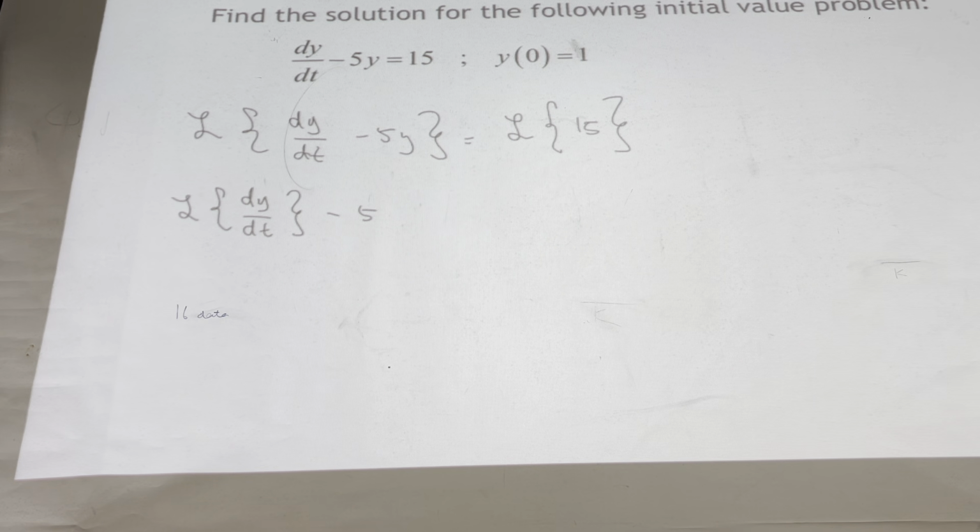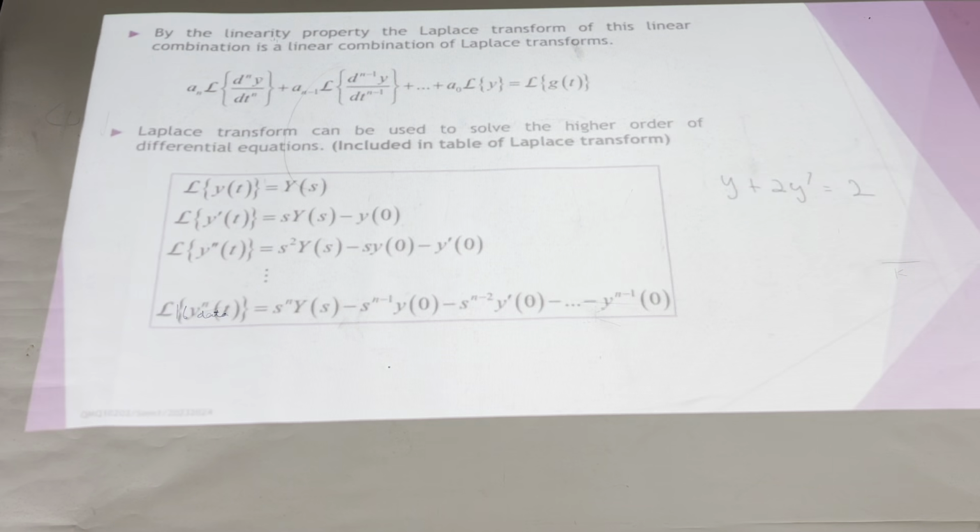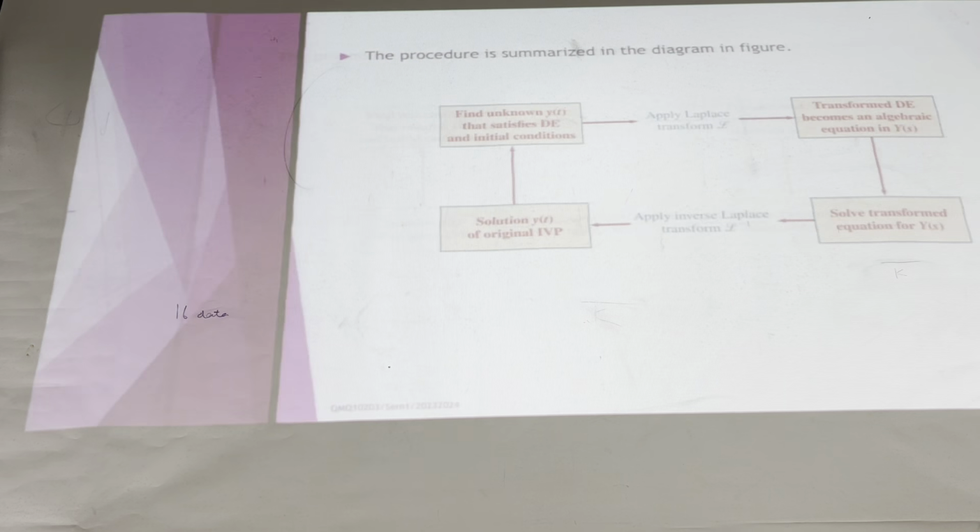So what is the transformation of dy/dt? By referring to the formula, look back in the formula. So dy/dt, this one, y prime is dy/dt. So this is sY(s) minus y(0).